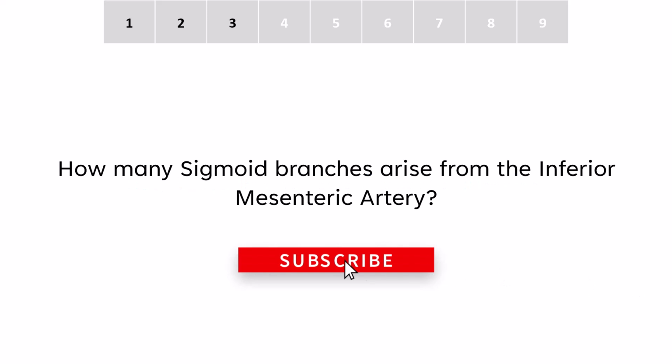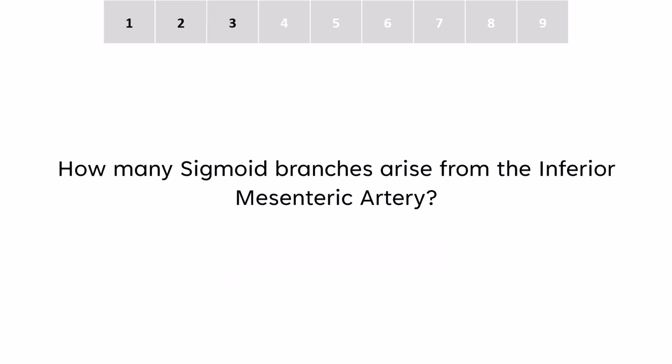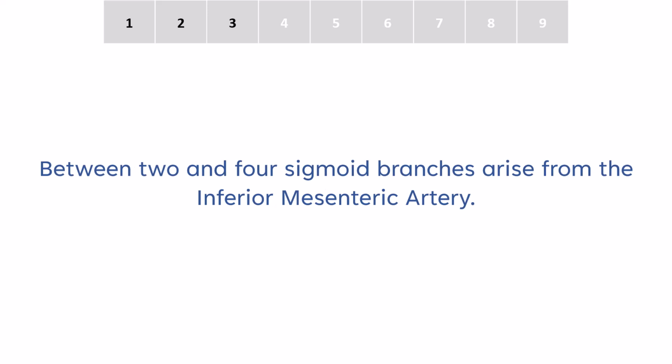How many sigmoid branches arise from the inferior mesenteric artery? Between 2 and 4 sigmoid branches arise from the inferior mesenteric artery.